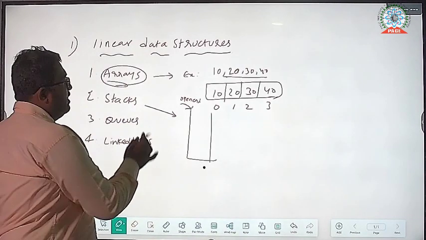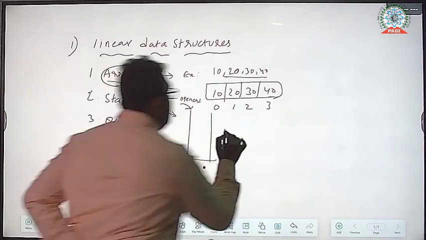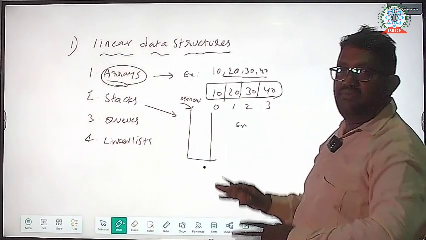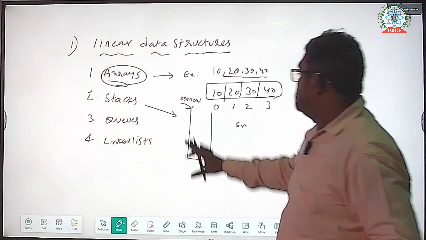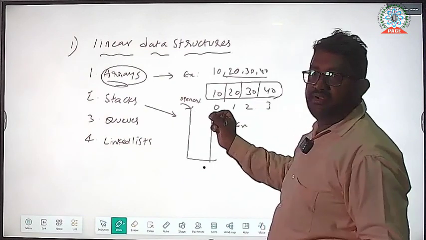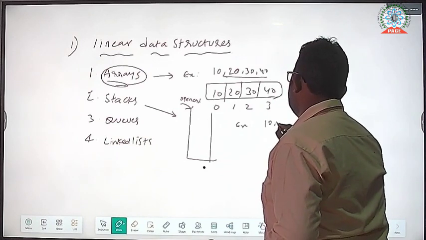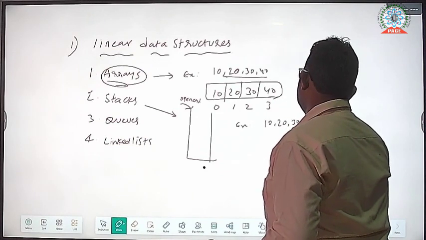In a stack the data is arranged in the same way as arrays, but the representation is somewhat different. I am going to explain with an example: 10, 20, 30, 40.